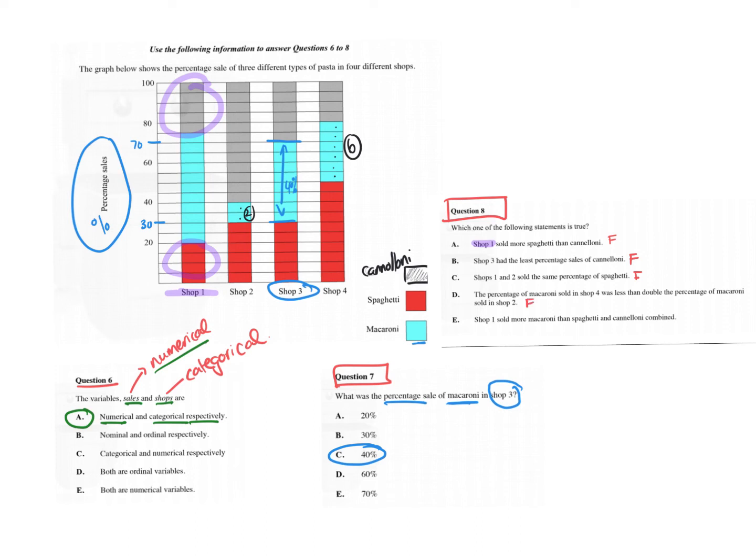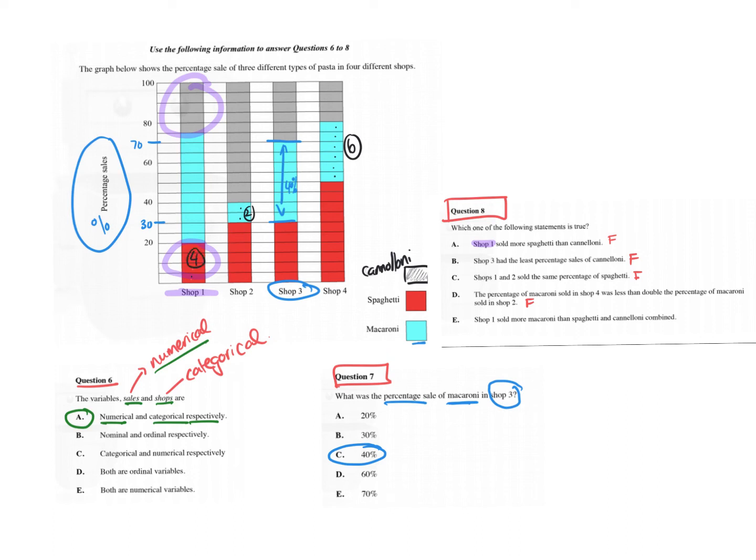And it says shop 1 sold more macaroni than spaghetti and cannelloni combined. So if we look at shop 1, spaghetti, it sold 1, 2, 3, 4. It sold 4 spaghettis.